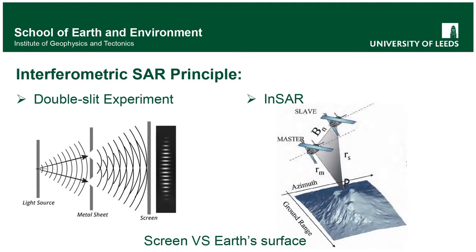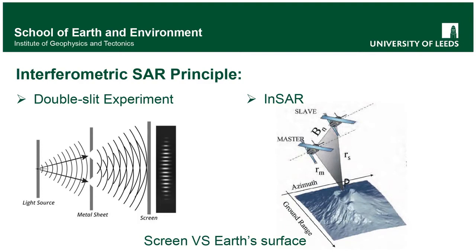However, when you use two images, we come to interferometric InSAR, and it is different. The principle of InSAR comes from the classic double slit experiment. We are very familiar with this experiment. The light source crosses two slits and generates fringes on the screen, while InSAR is very similar to this.